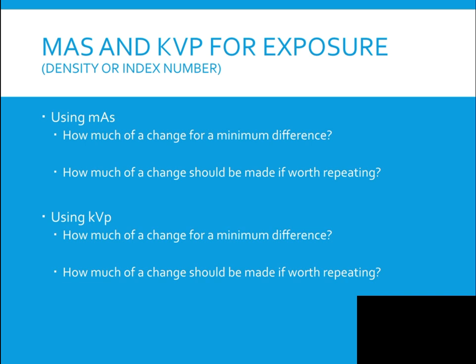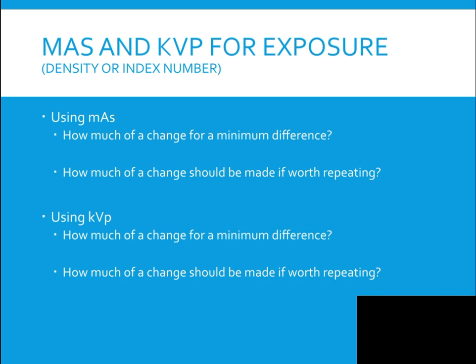So if you used 5 mAs and your index number indicated that you underexposed the patient to the point that it affected the image and you needed to go back and make a second image, then what you're going to have to do is increase your mAs by a factor of 2. So minimum difference on kVp, we just walked through that. With kVp, a 5% change is your minimum.